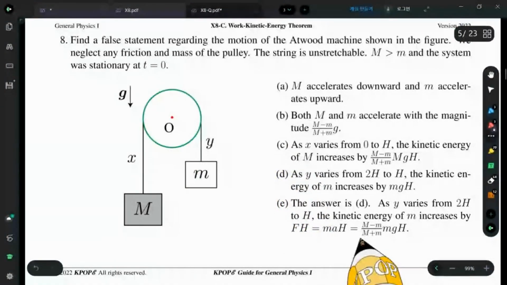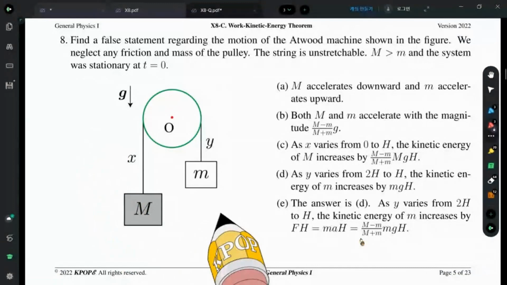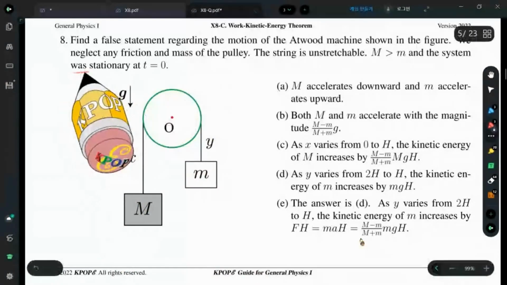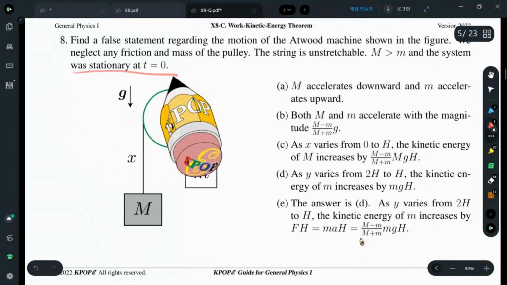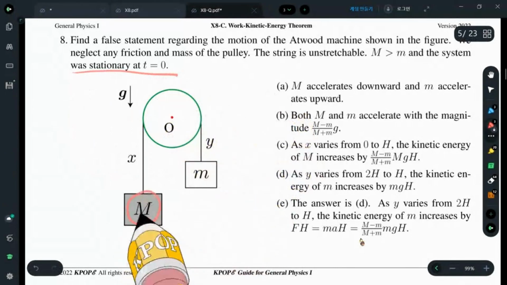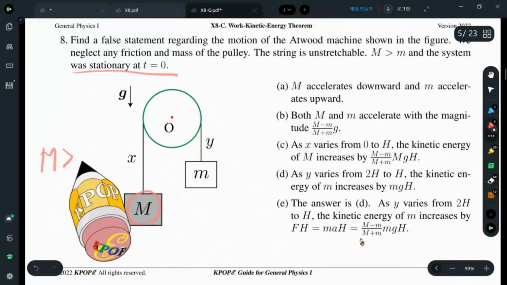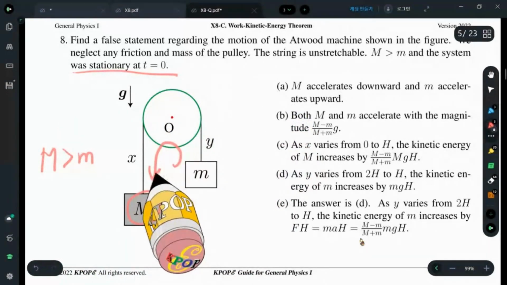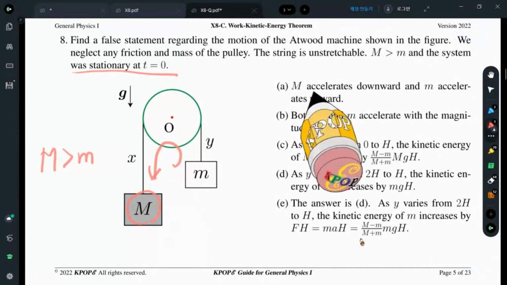8. We are familiar with this problem, and at t equals 0, it was stationary, and this one, capital M, is greater than small m, so it will accelerate in this direction.